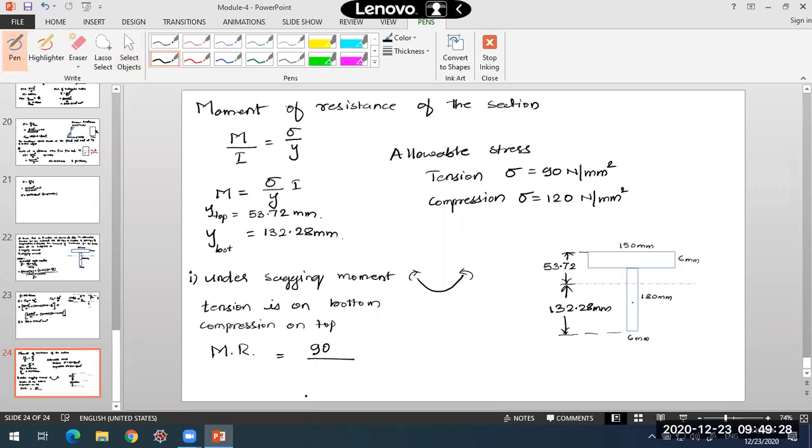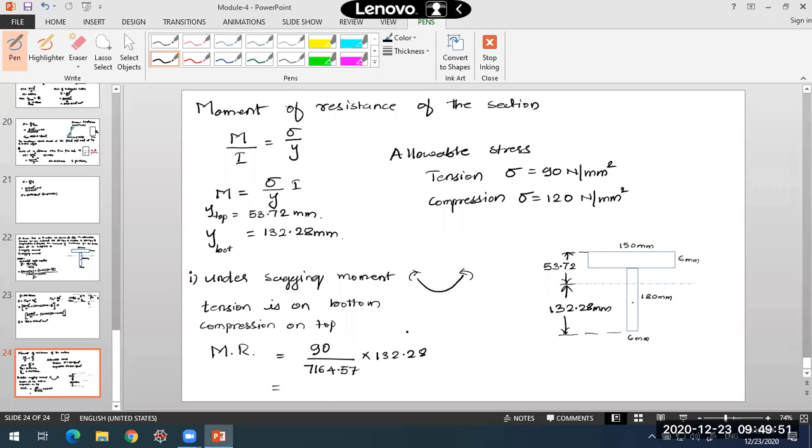So this is 7164.57 into y top. Sorry, y bottom. I have taken the tension, sagging moment. Tension is on the bottom, into 132.28. So what does this give me?